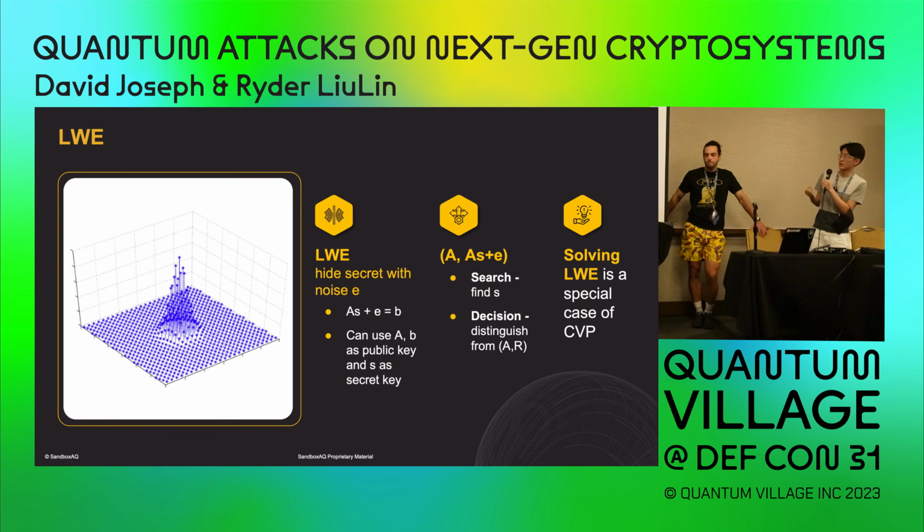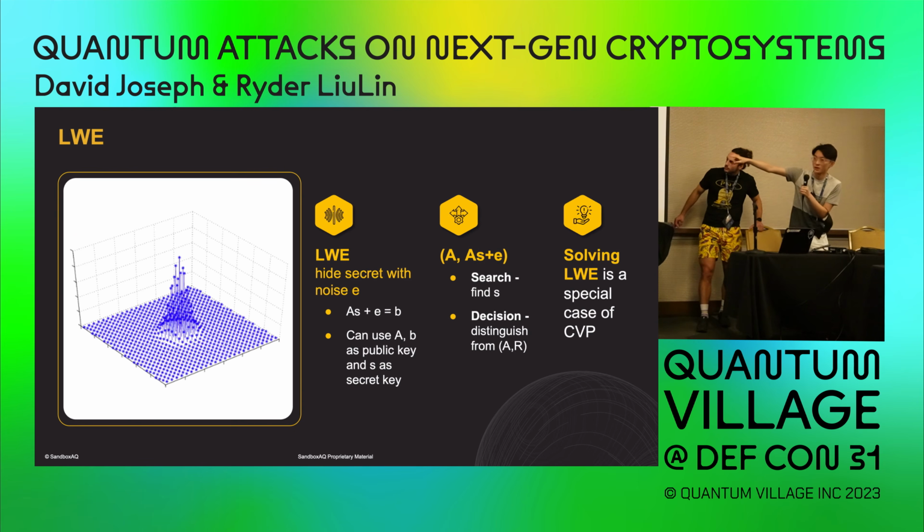And the reason for that is we can see in this diagram right here, this sort of looks like a two-dimensional normal distribution, right? The idea is that if we take some distribution on the error and we apply that to the AS plus E equation, then if the closest vector is that thing in the middle at the peak of the distribution, we'll get a bunch of vectors around that when we sample the error, right?